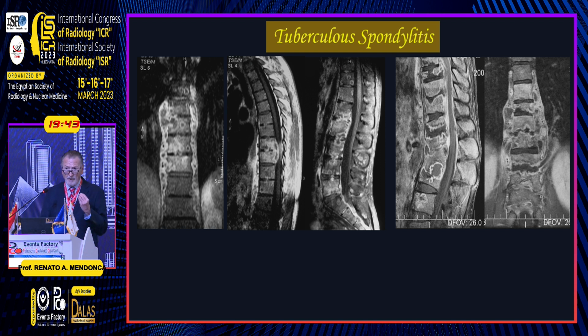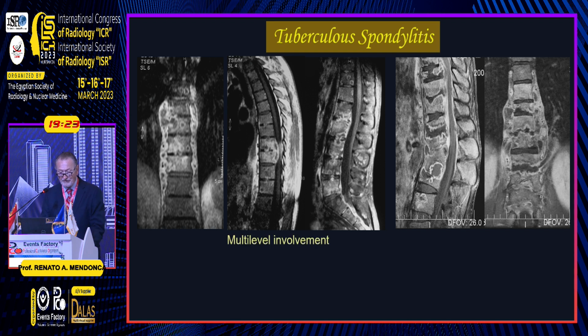Although we always have to try to have material, to put a needle and to get material. But not always it is positive. So in many circumstances they have to begin to treat without the agent completely discovered.